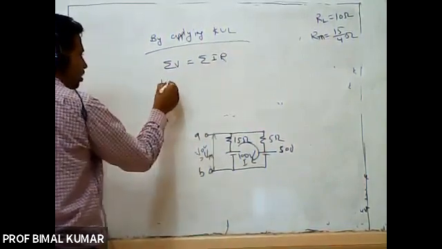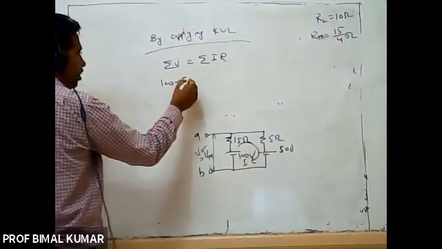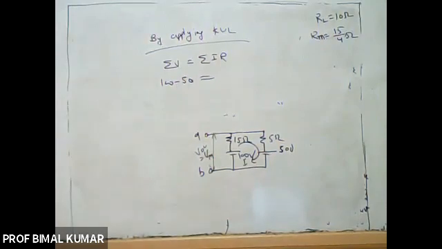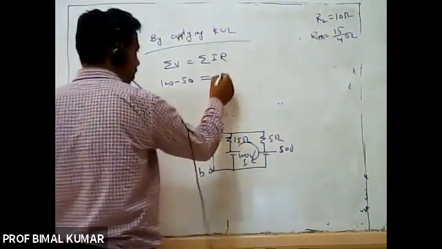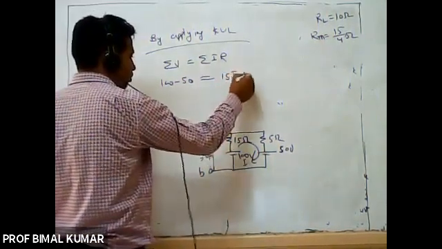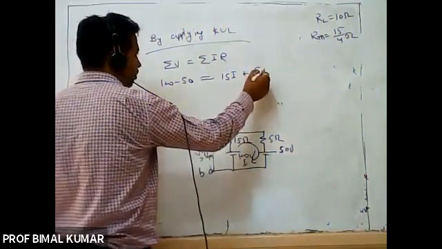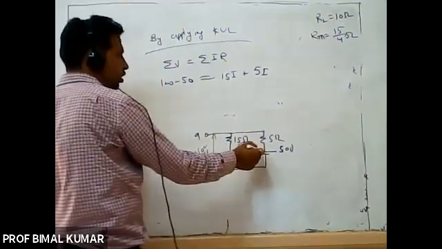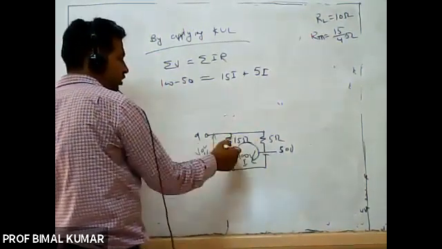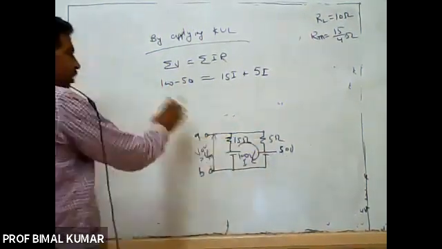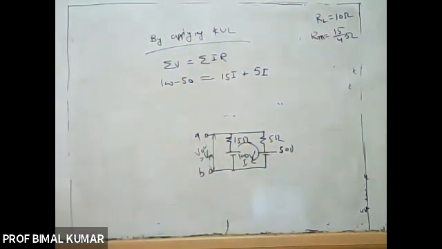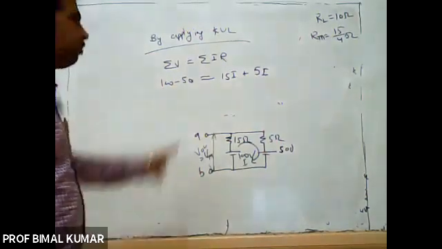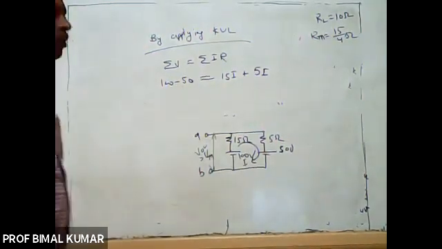So 100 minus 50 is equal to 50I plus 5I, because here the positive of both is connected with each other. One will be supplying in this direction and the second will be supplying in this direction, so that's why I am subtracting these two voltages. If the negative of the first is connected with the positive of the second, then they will be added. Fine.